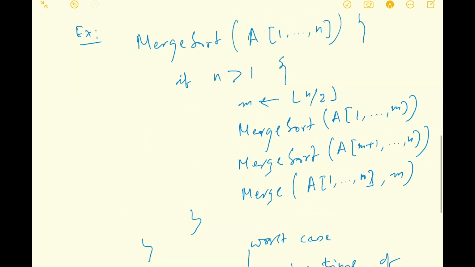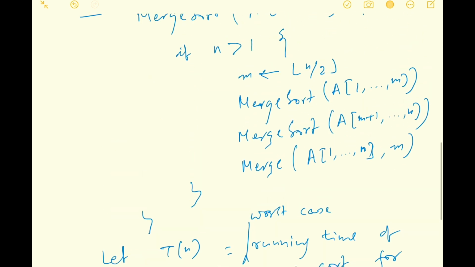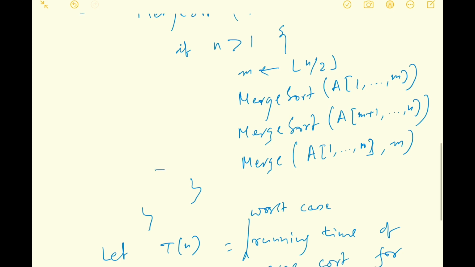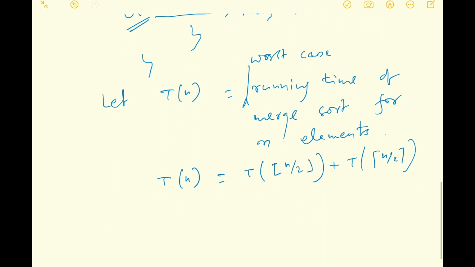The second recursive call takes t n over 2, and then we do merge. Merge takes big O of n time. If you don't know the algorithm, you try it. It is a very easy algorithm. This is big O of n.